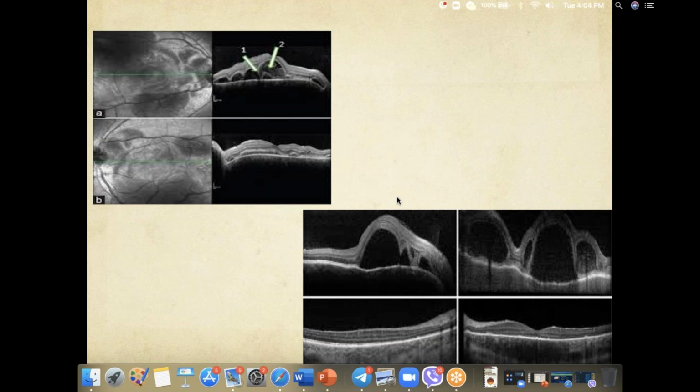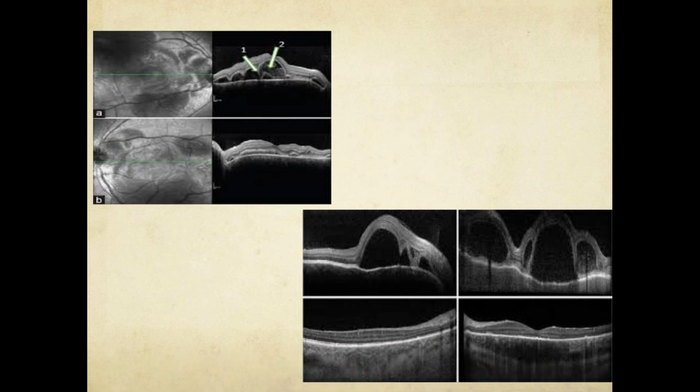What do you want to do? This is the OCT that you get in a patient. As I said, don't just rely on the OCT to get into the diagnosis. So what is it?